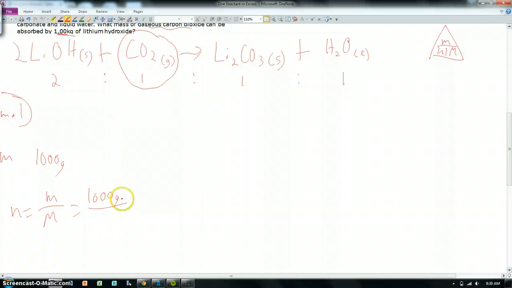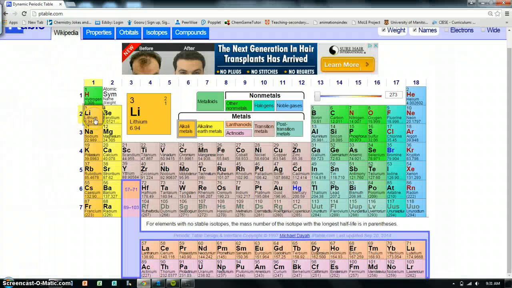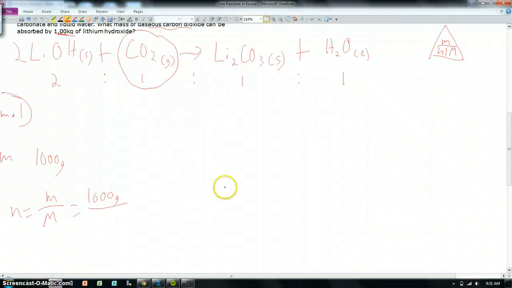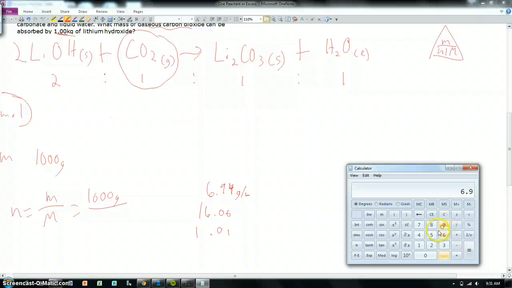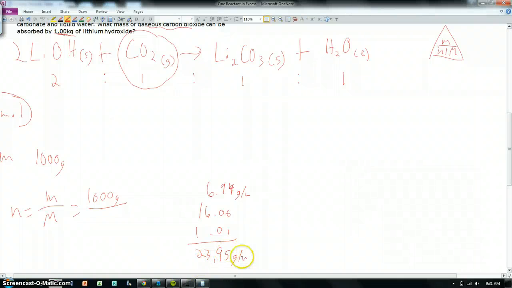1,000 grams, and lithium, 6.94 per mole, plus our 16, plus our 1.01. We get 23.95 grams per mole.